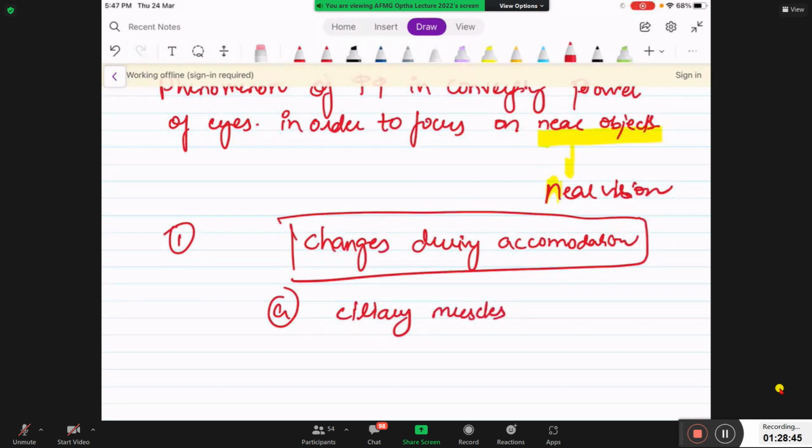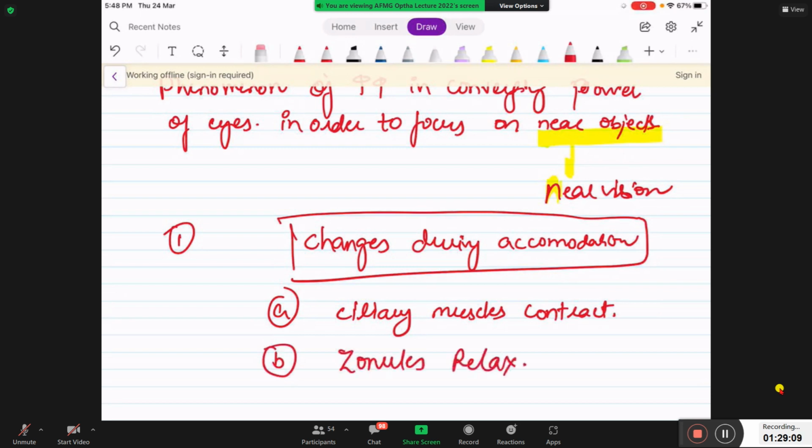Accommodation is played by which part? Ciliary body, right? The ciliary body contains ciliary muscles. So whenever there is accommodation, the ciliary muscles will obviously contract.